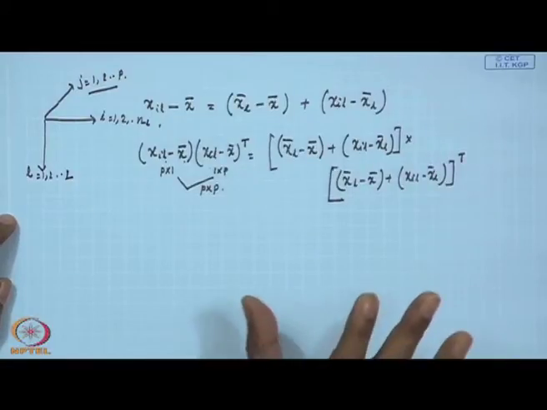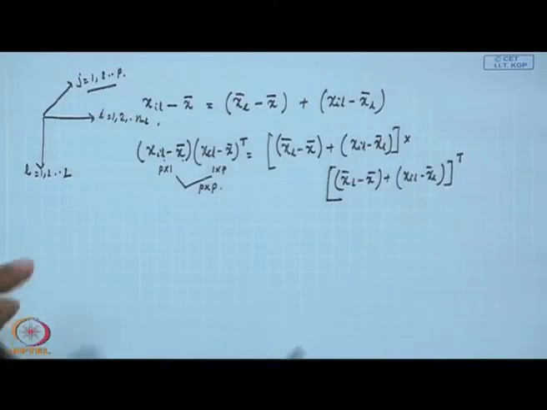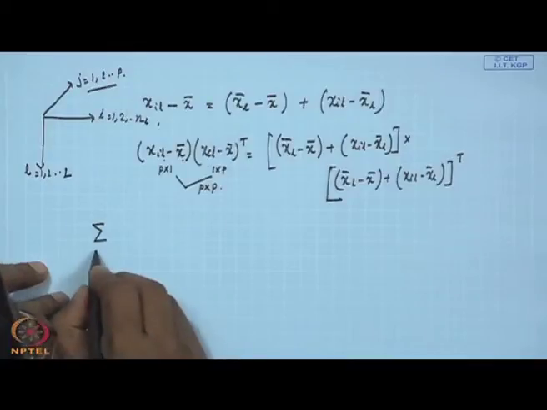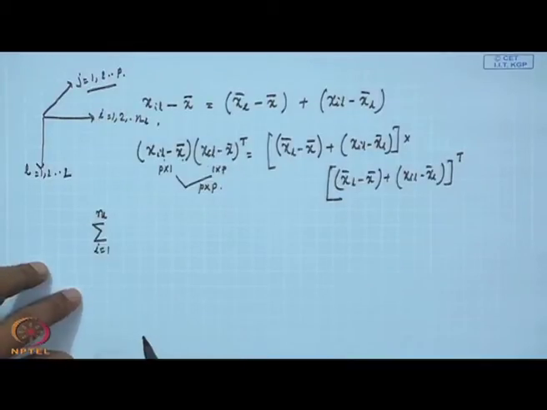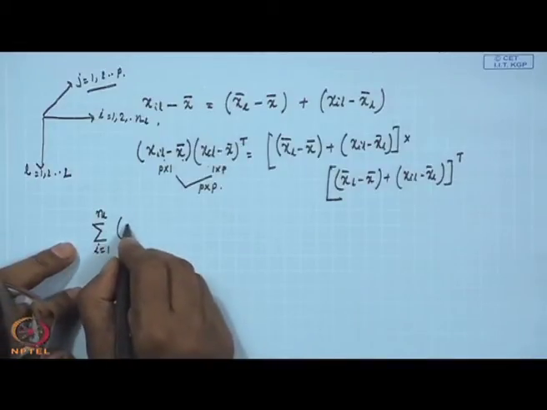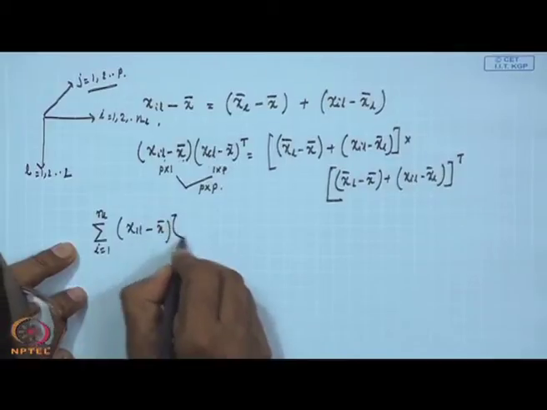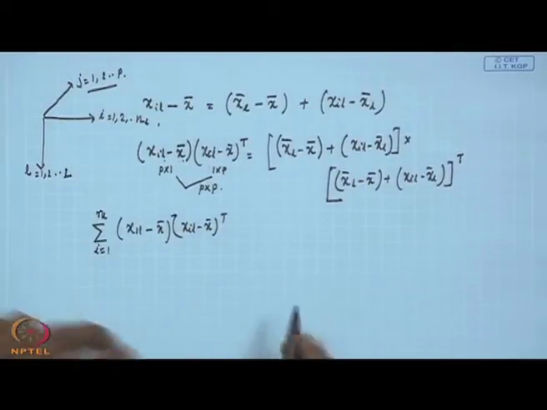So, we will make sums over these dimensions. First is with i. If I make summation i equal to 1 to n_l, then this quantity will become (x_il minus x bar)(x_il minus x bar) transpose.